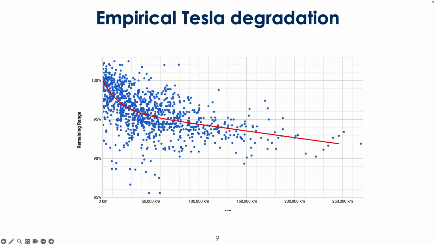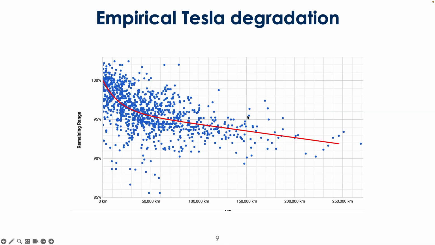This is what it's looked like for a bunch of Teslas that we looked at. Driving on the order of 150,000 kilometers, or about 100,000 miles, a lot of them are losing a little more than 5% of their capacity.